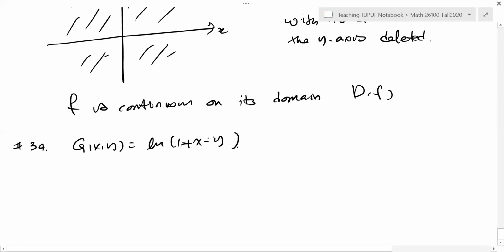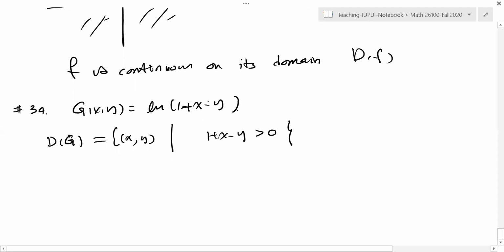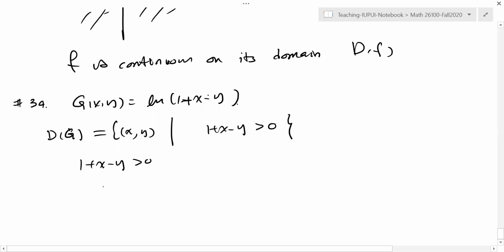First of all, let's find the domain. The domain, let's use G, called D_G, domain of G, is going to be the set of those points such that 1 plus x minus y should be greater than 0, because natural log is only defined for positive numbers. If it's 0, it's not defined. If it's negative, it's not defined. So 1 plus x minus y greater than 0 is the same as x minus y greater than negative 1.